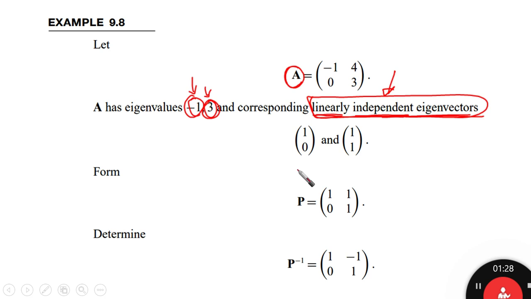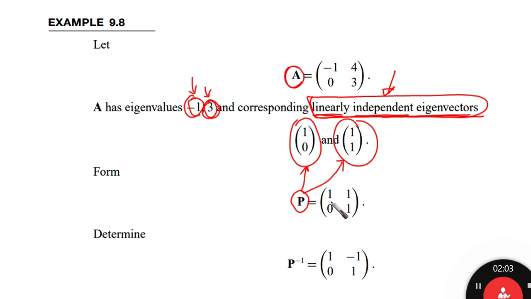Okay, so now the independent eigenvectors that we have are (1, 0) and (1, 1). These are the two eigenvectors that we have. Then we are going to form P, which is the matrix formed from the independent eigenvectors that we have for this matrix.